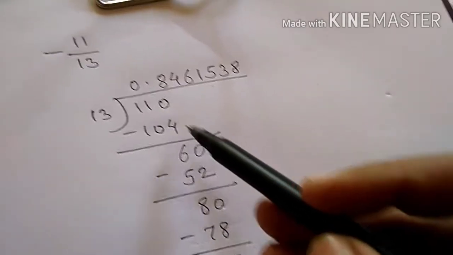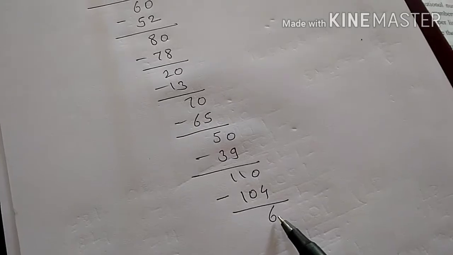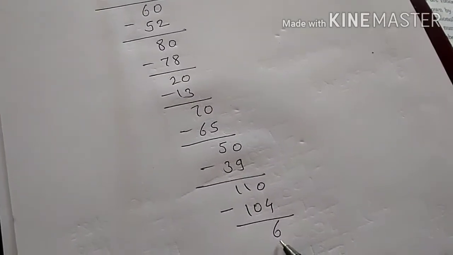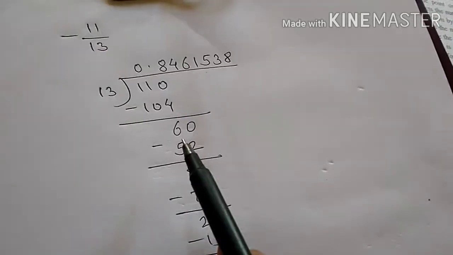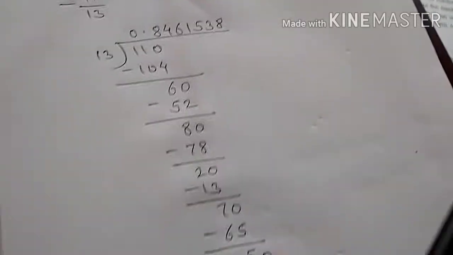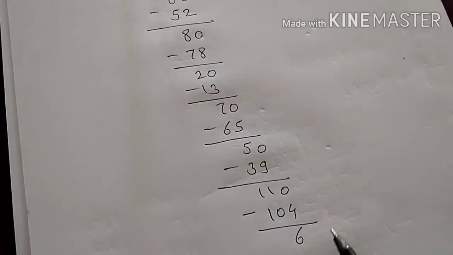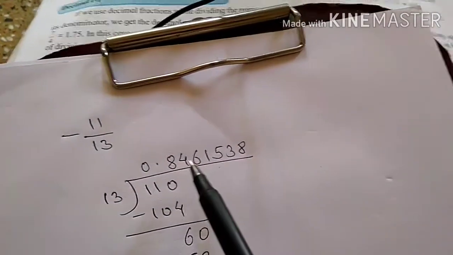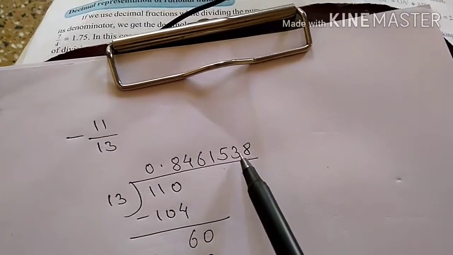When the division is performed, in the middle of this division the number 6 comes. Again the second stage starts from 6. Look here, there is the 6. This stage continues again from here. So up to that division our answer is 0.8461538.